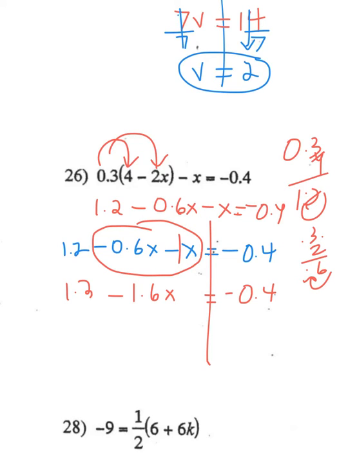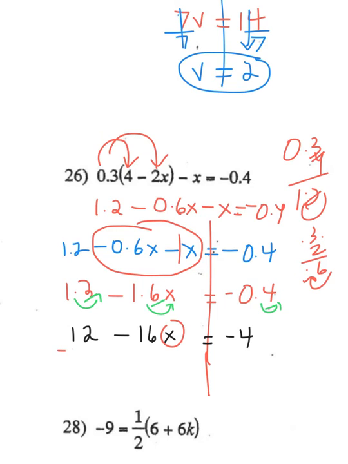So now once we get those decimals, we notice they're all in the tenths, so we can multiply all of it by 10, which means I can move the decimals over. Okay, I multiply everything by 10. So this is going to be 12 minus 16x equals negative 4. Almost done. So now here's my variable.